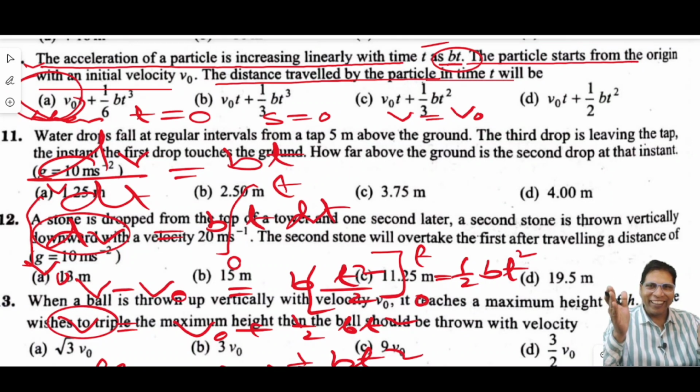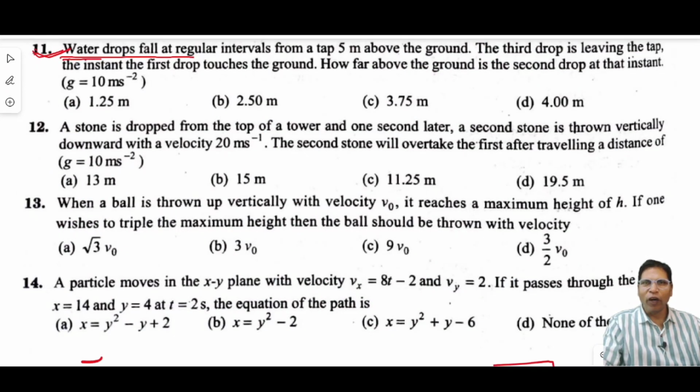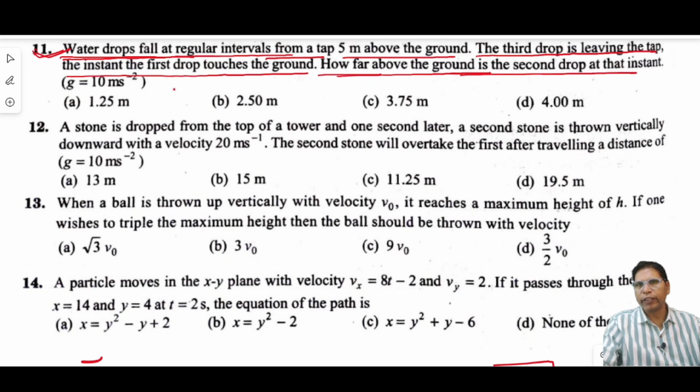Next. Now question 11. Water drops fall at regular intervals from a tap 5 meters above the ground. The third drop is leaving the tap at the instant the first drop touches the ground. How far above the ground is the second drop at that instant?